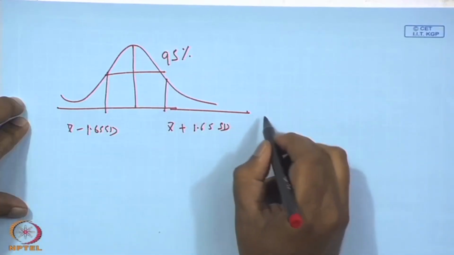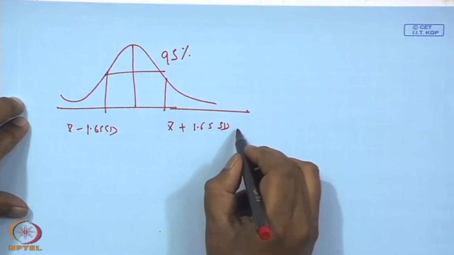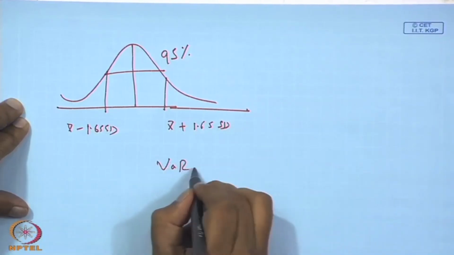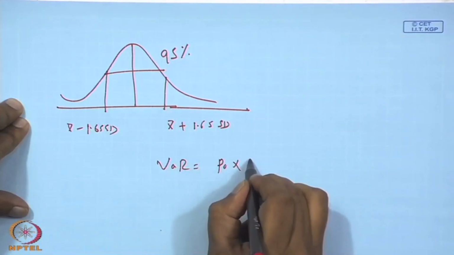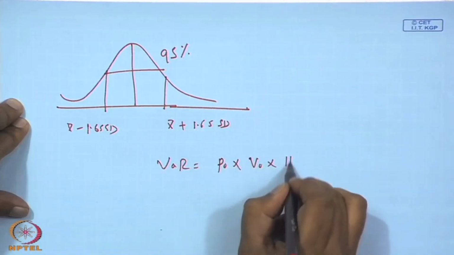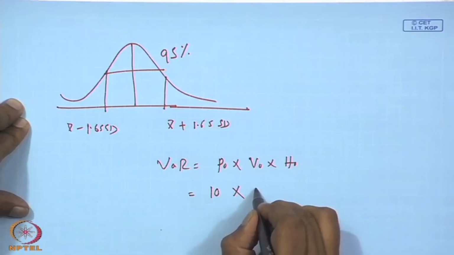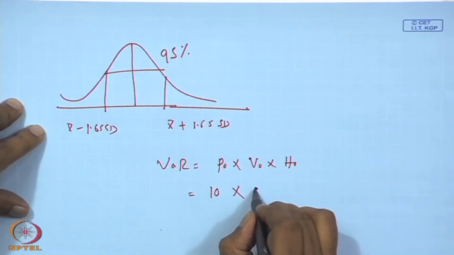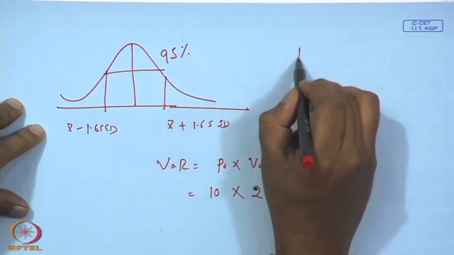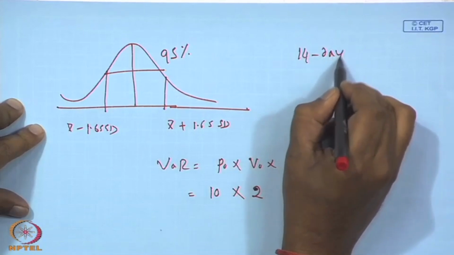My calculation of value at risk will be P0 into V0 into H. My P0 is 10 million US dollars, and my volatility for 14 days is 2.559, into 1.65 for 95% confidence, into my holding period of 14 days.